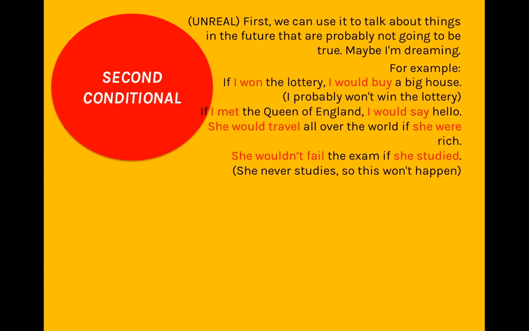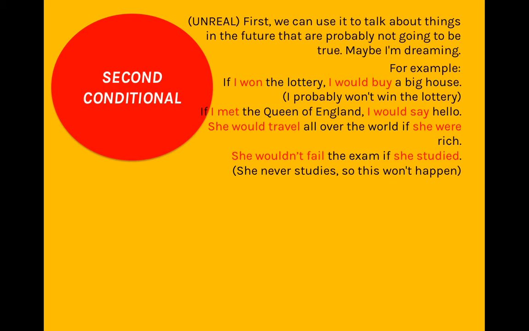For example, if I won the lottery, I would buy a big house. I probably won't win the lottery. There is a very small chance that you win the lottery, so it's actually unreal. You're not going to win the lottery, so it's not likely, and we use the second conditional.